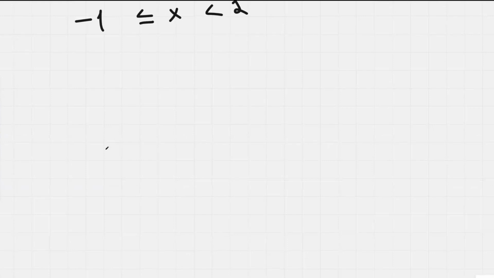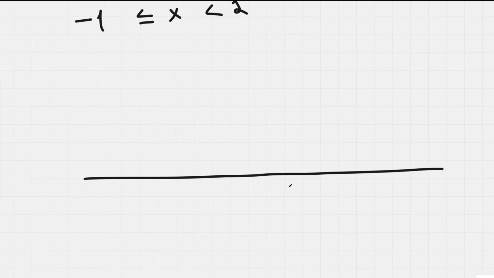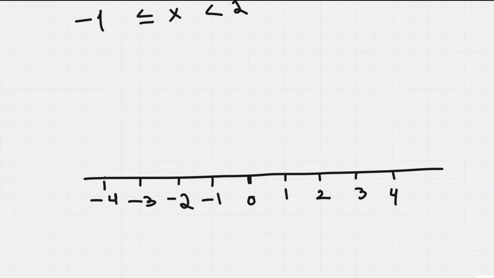So we have to draw the number line here like this. Sorry. So let's say this is 0, this is 1, this is 2, this is 3, and 4, and so on, and negative 1, negative 2, negative 3, negative 4, and so on, like this. So the first point here is negative 1.